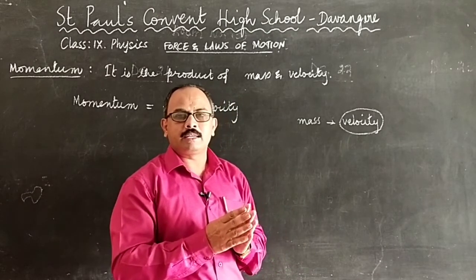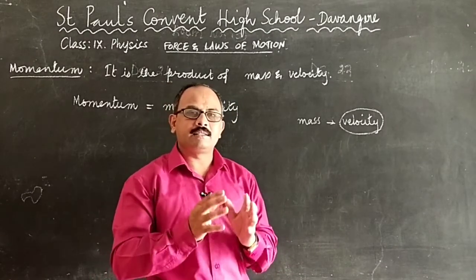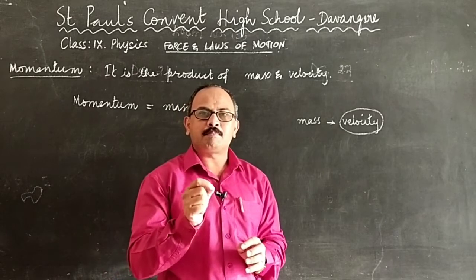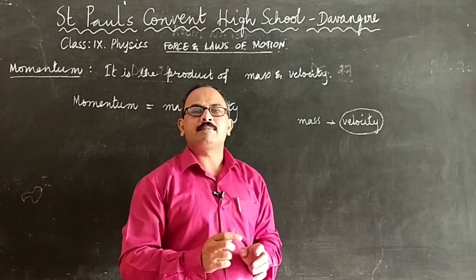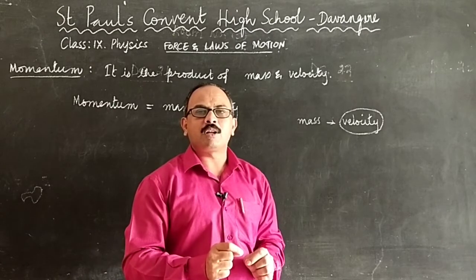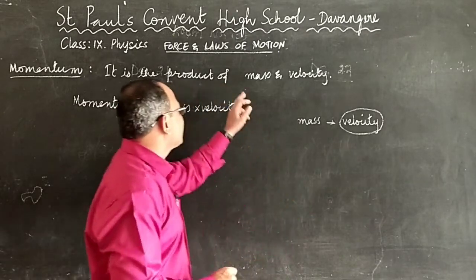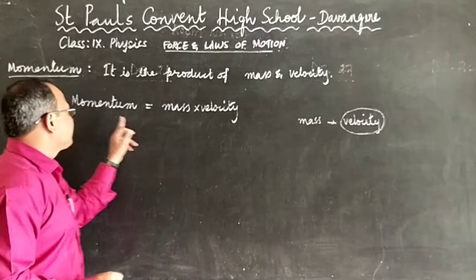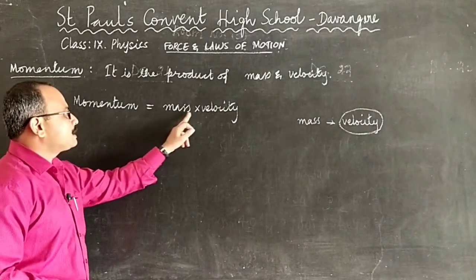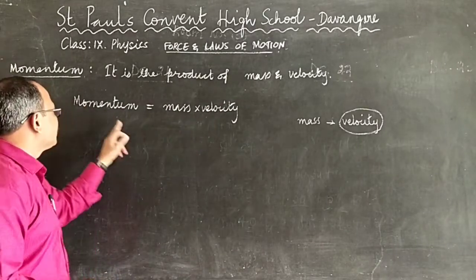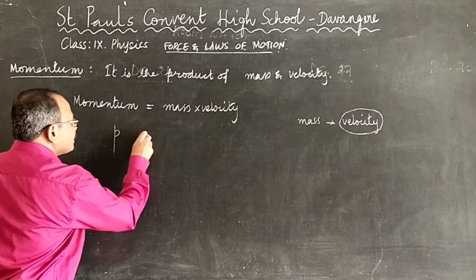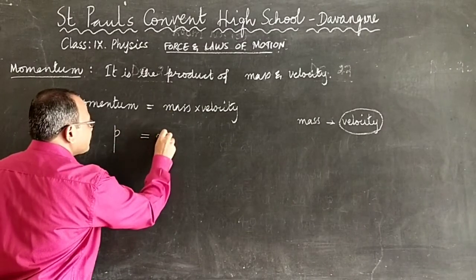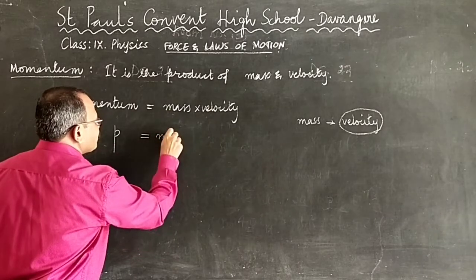Momentum of a body is defined, in simplest form, as the product of mass and velocity. Momentum is equal to mass into velocity. Momentum is represented by P, children, P is equal to m, where m is mass, into v, velocity.